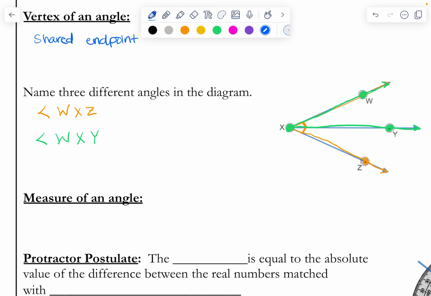And we need one more, so I'm going to take the other smaller angle on the other side. So I have Y, X, and Z for this angle. So X is still our vertex. So angle YXZ. And those are our three angles. So we have that big orange one, we have that littler green one, and this smaller blue one.